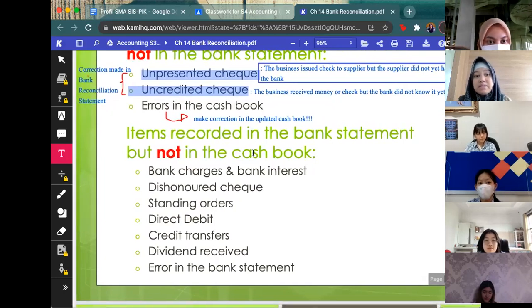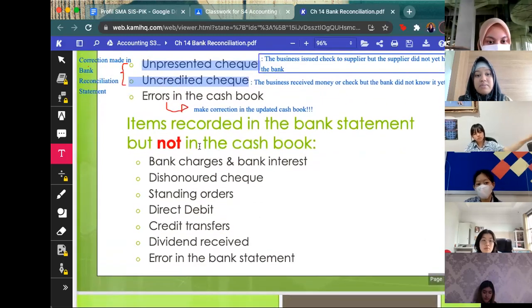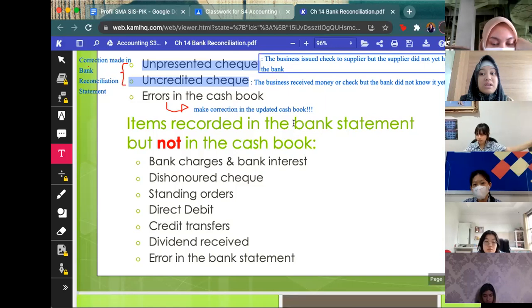Items recorded in the bank statement, but not in the cash book. So now we're talking about what kind of transactions the cash book did not know. A lot. There are so many transactions that happen in the bank that run automatically, such as administration.